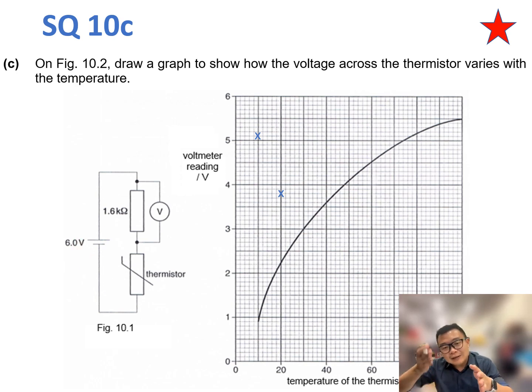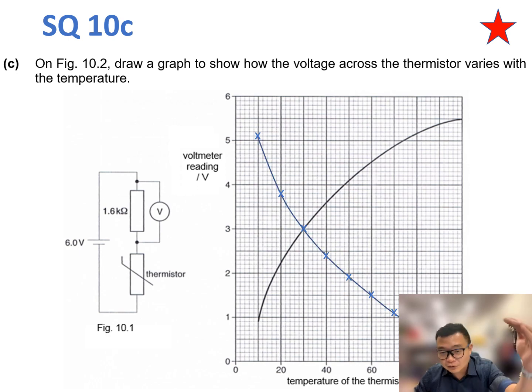So we can just continue choosing coordinates from the original graph of the resistor, and then plot out the corresponding voltage of the thermistor like this. Just bear in mind the same strategy, that the two voltages add together must give you 6 volts, and just draw a smooth curve through it.